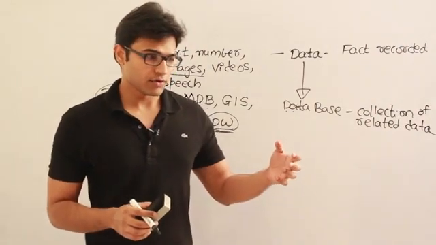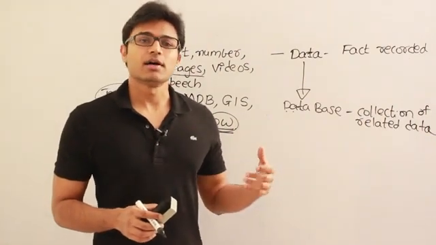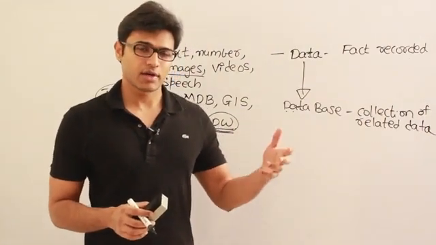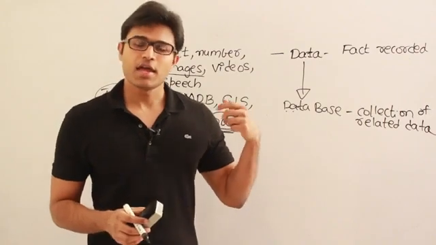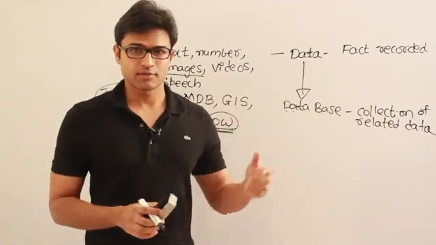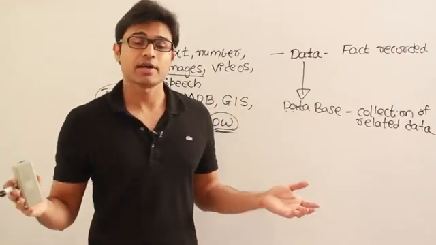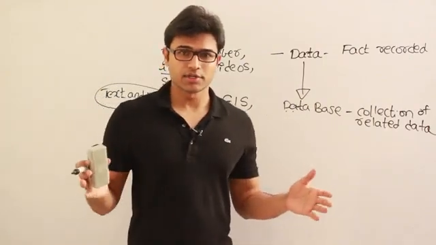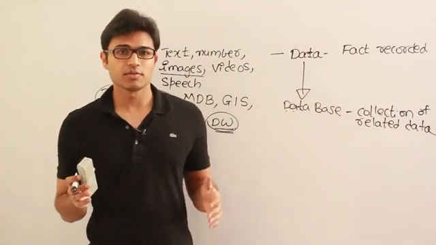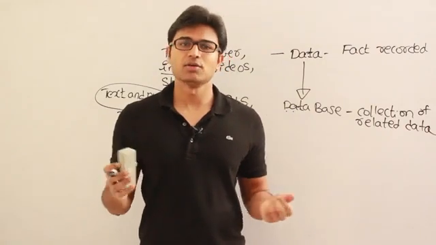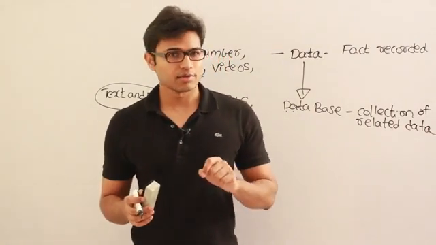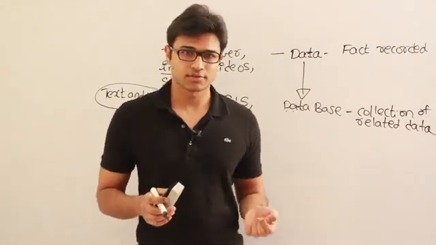Or we want to store, let us say, stock market rates, and predict the future by looking at the past 100 years. If you are looking at that huge data, 100 years of data, it is historical and very huge. In that case, the database is also called a data warehouse.